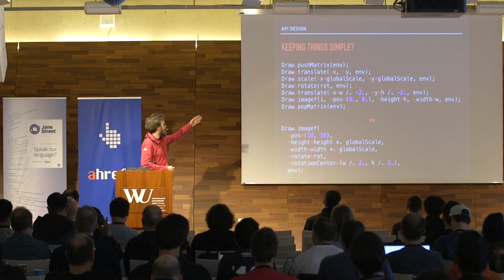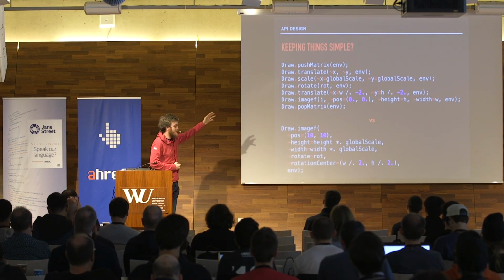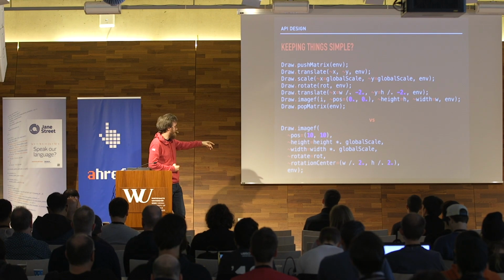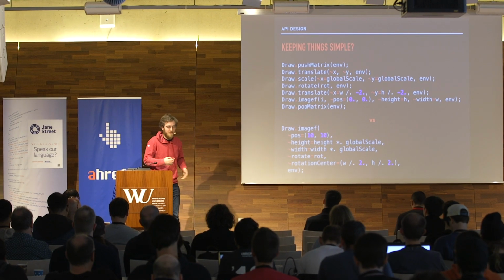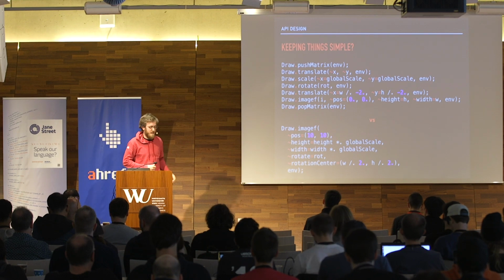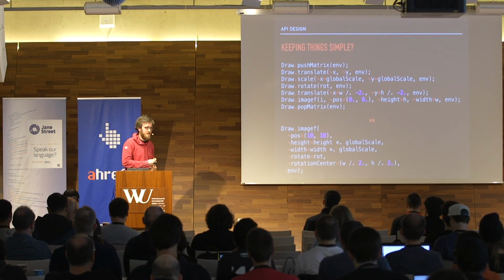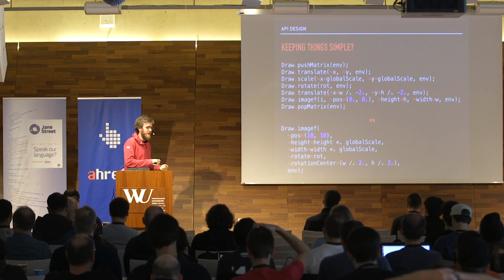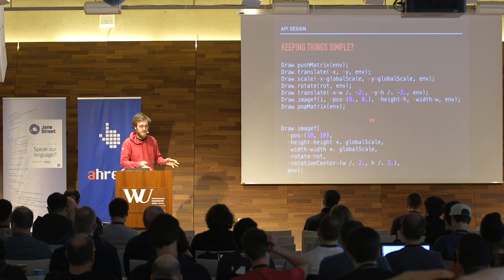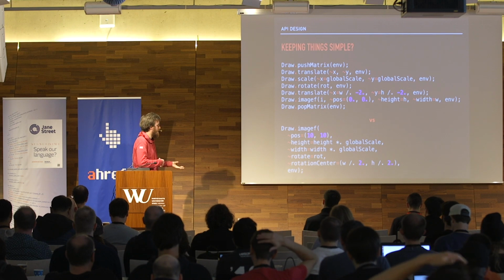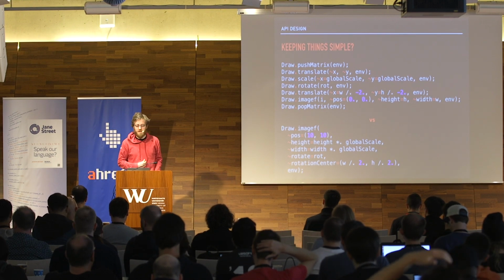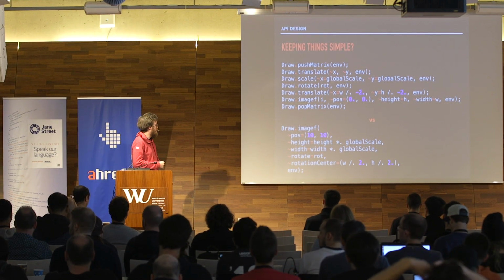And then you could still keep this draw push matrix stuff for the weird edge cases that this API doesn't support, but then the general case is much easier. I think it's interesting to explore these concepts where you can get most of the coverage of the solution space in a much easier way, and then provide a backdoor to drop into something more complex for when you really need it.